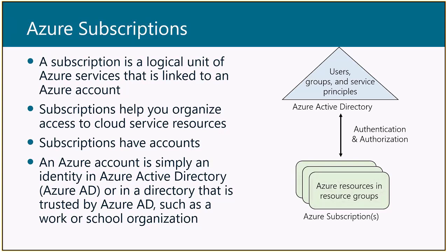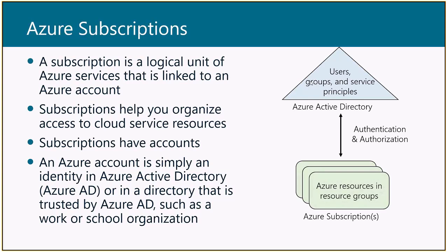So we have these several different Azure subscriptions here, if you're looking at the image, but we have the users, groups, and service principals. Every individual thing in the Azure portal is an object. So a user is an object, as well as a group and a service principal. They are all individual standalone objects.